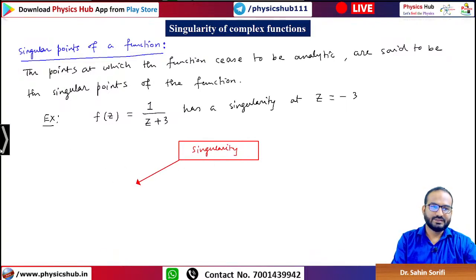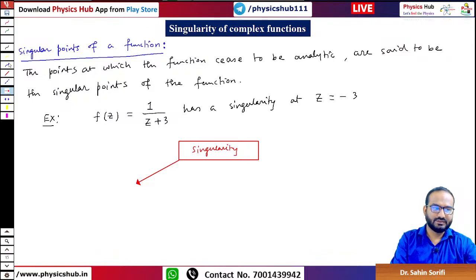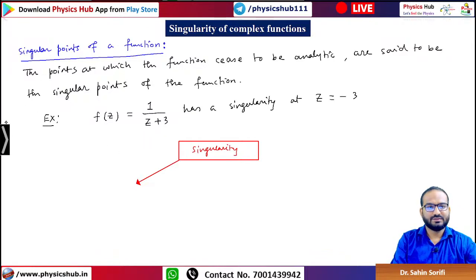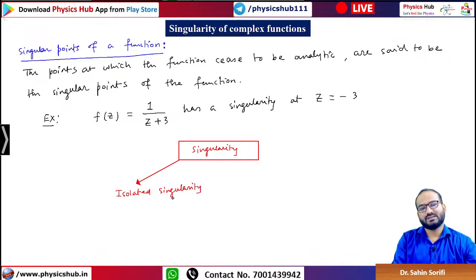So, primarily it is classified into two categories: isolated singularity and non-isolated singularity. As is clear from the name, isolated singularity means there is no other singularity in the neighborhood of that singularity.